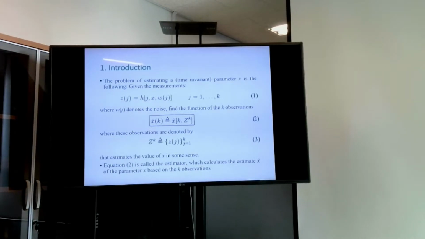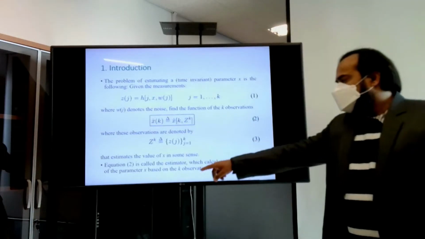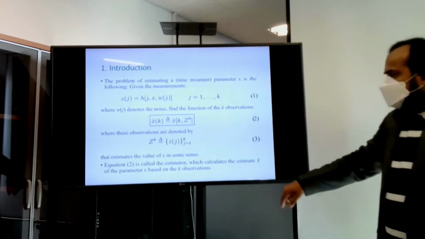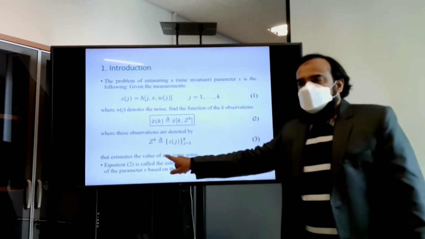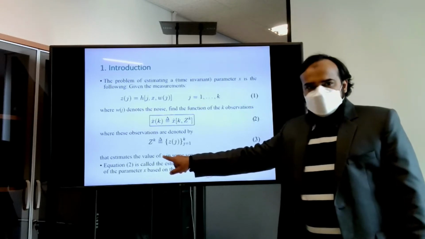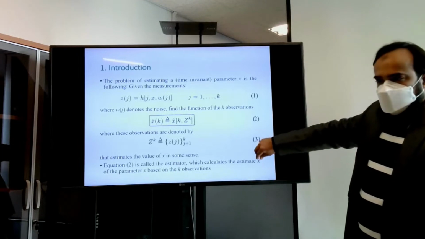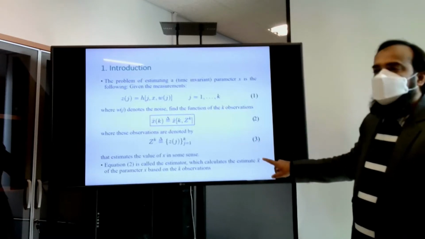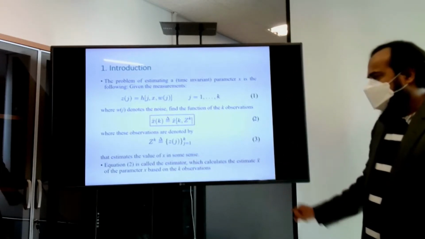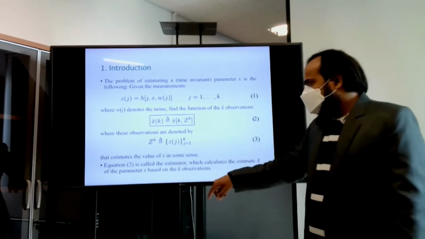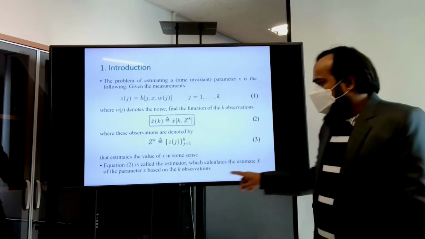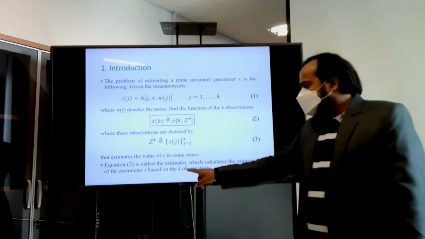So equation 2 is our estimator, which calculates the estimate. If we simply write x, this is the given parameter we are about to estimate. If we put a cap over x, it means it is the estimated value. This is the simple random value, and this is the estimated value. So equation 2 is called the estimator, which calculates the estimate x cap of the parameter x based on the k observations.